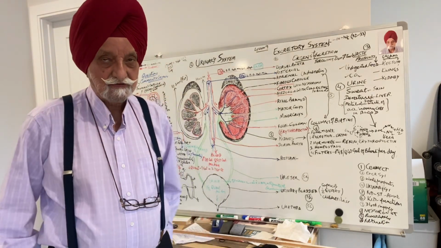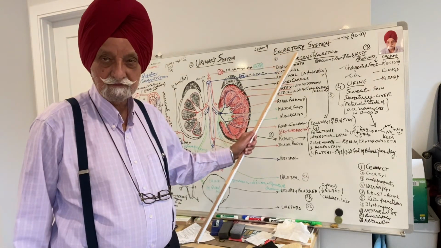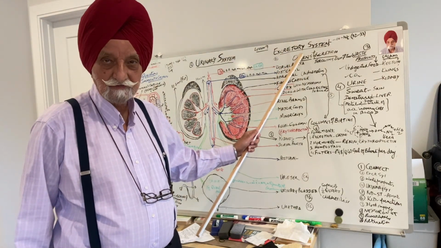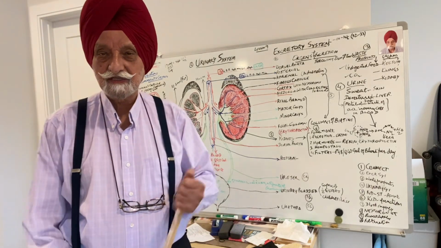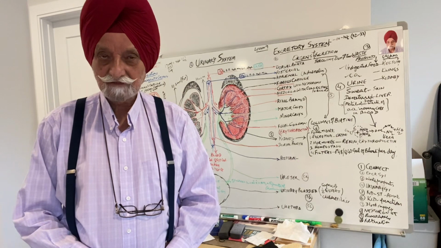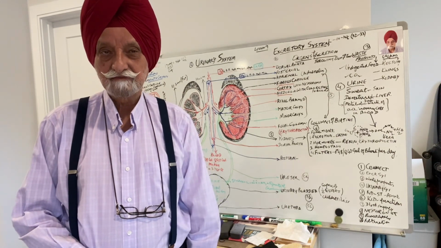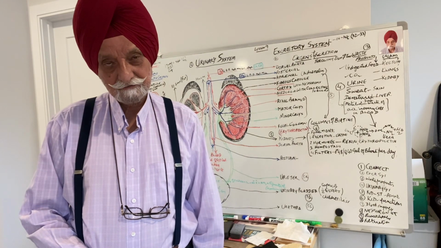Today's lesson is regarding the excretory system. But before I start with this excretory system, I would like to connect it with what we have done already. That is digestive system, blood vascular system, and respiratory system.